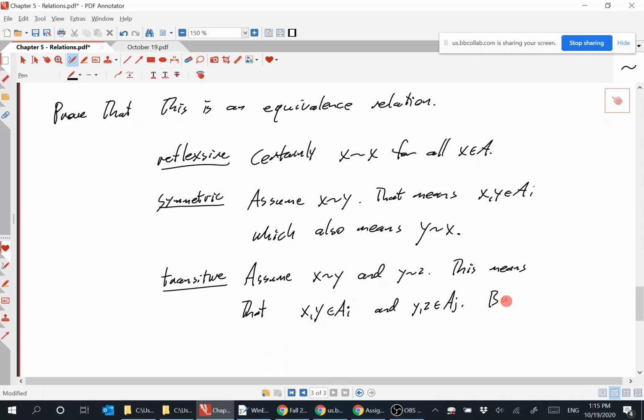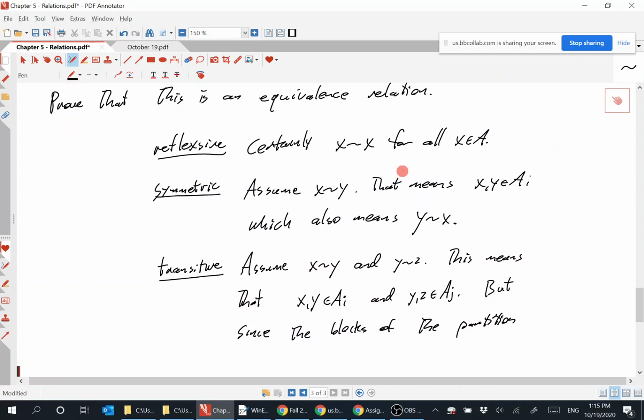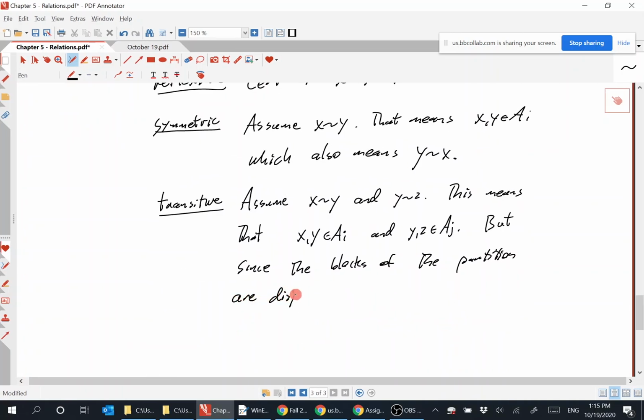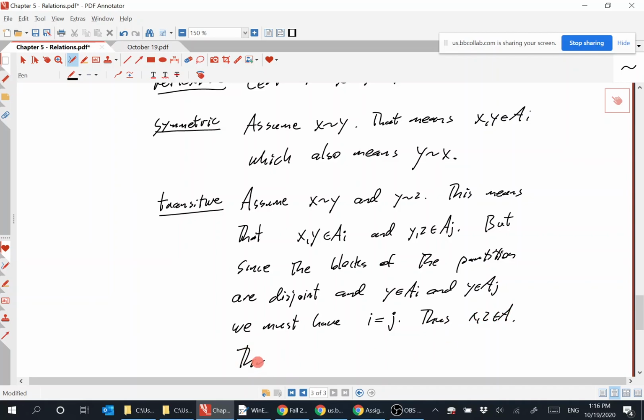But since the blocks of the partition are disjoint, and y is an element of AI and y is an element of AJ, we must have that I equals j. So x and z are in AI. Thus, x is related to z.